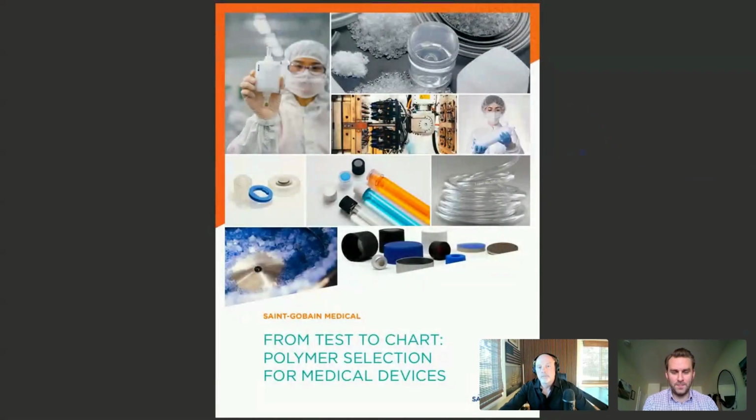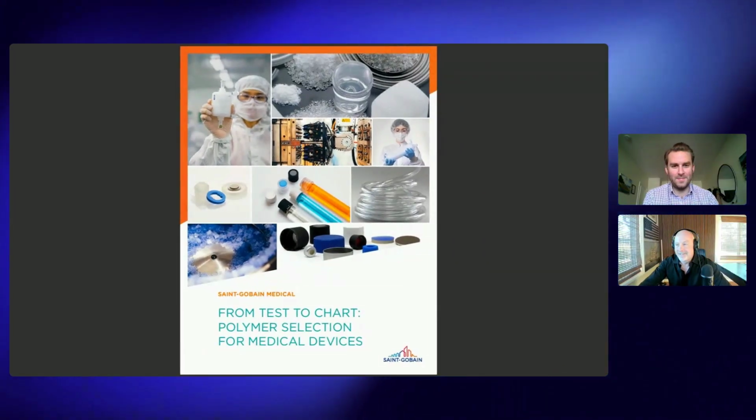So sometimes you look at, well, what kind of additives can we put into it? Nanoclays, glass, or whatever. Is that a solution? That real world experience really got me excited to talk about this. Before we get into some of the items, what we're talking about here is this polymer selection guide that you at Saint-Gobain developed, and it's very comprehensive.